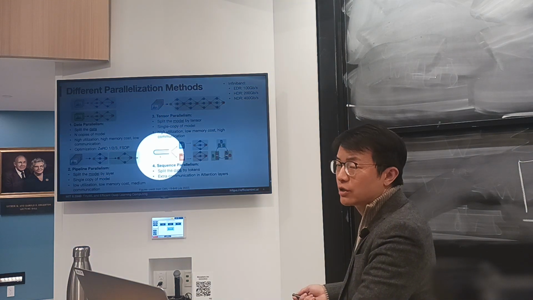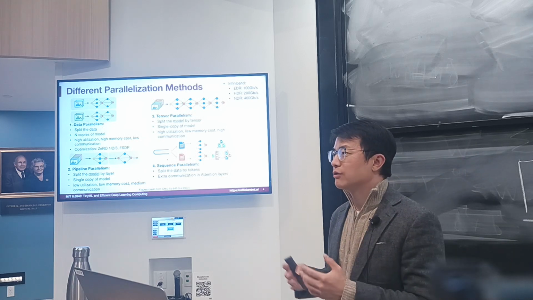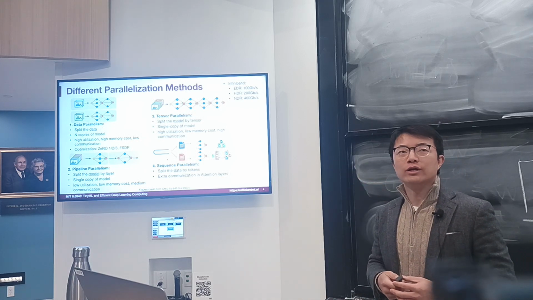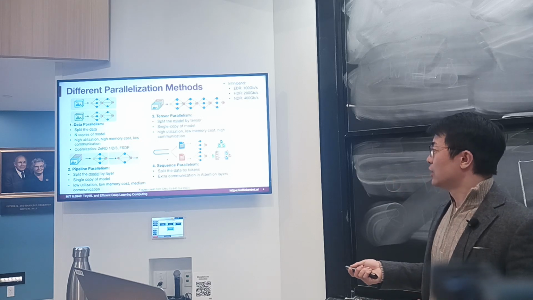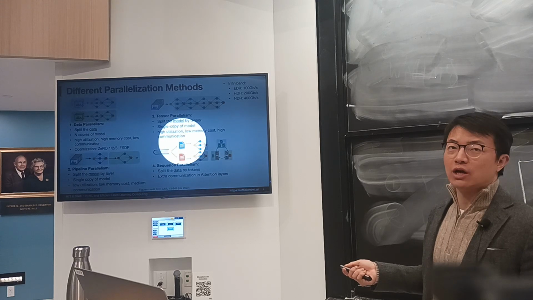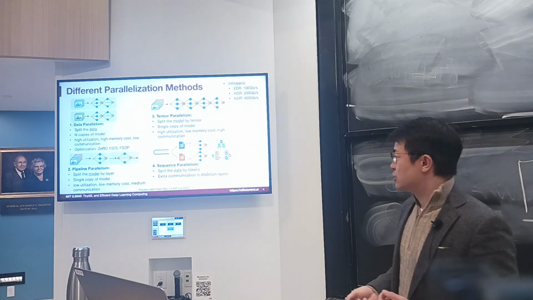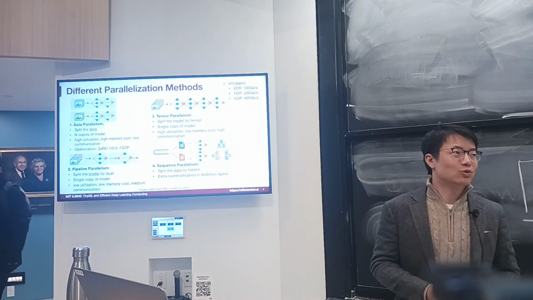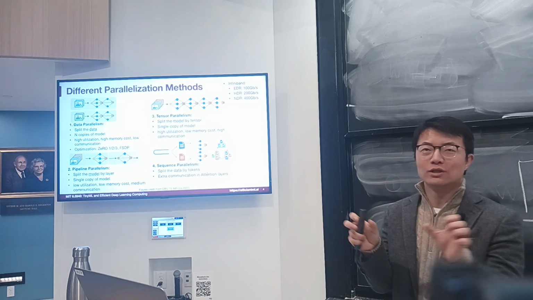Lastly, we talked about sequence parallelism, where we are handling long contexts, long documents, long videos. When there are a lot of tokens, we want to split the tokens across multiple GPUs. The first GPU deals with the first chapter, the second GPU deals with the second chapter. But there is actual communication during the attention layer, since different parts of the document still need to attend to each other.